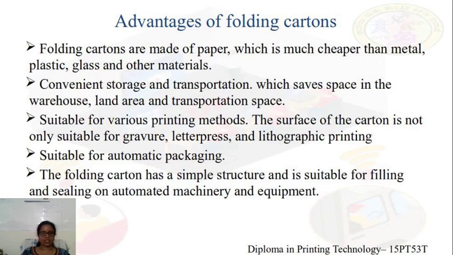Mostly, the folding carton consists of cuts and creases, wherein the crease areas are punched such that the crease lines or the crease areas can easily be folded to a 90-degree angle, thus forming a box, and is suitable for filling and sealing on automated machinery, and manual filling and sealing also can be done.